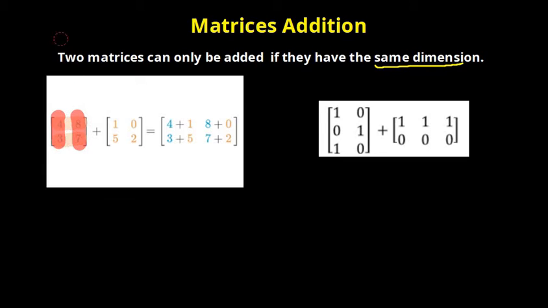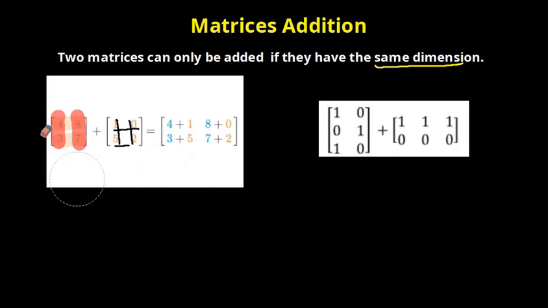So this is a 2 by 2 matrix, added to this one. Let us check the rows and columns for this one now. 1, 2. This also has 2 rows, times, let's check the columns, 1, 2, 2 columns. So most definitely these matrices have the same dimension, so they can definitely be added.